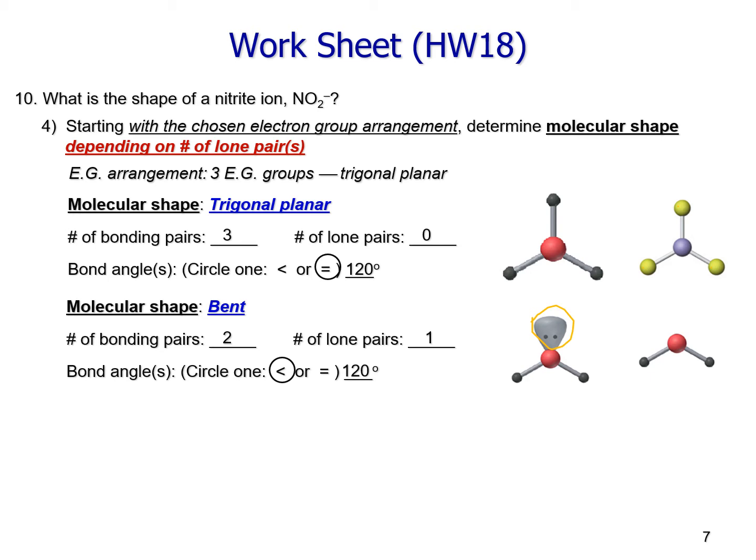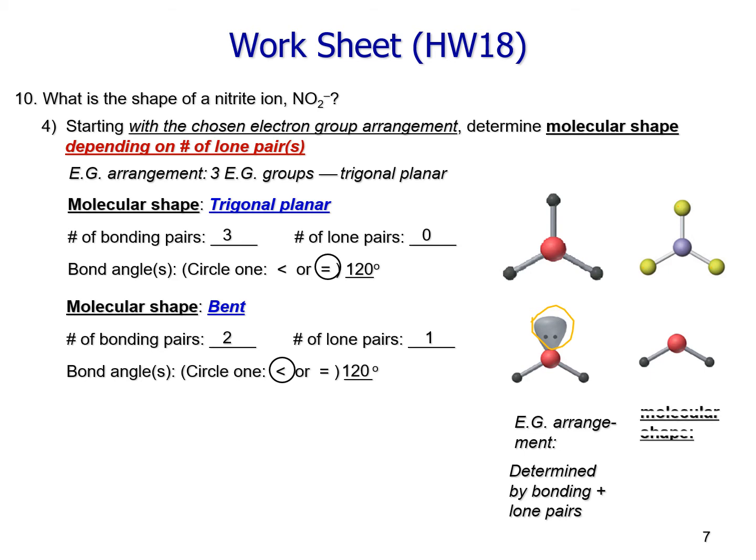as electron group arrangement for three electron groups. So one way for us to understand this is that electron group arrangement is determined by the bonding pairs and the lone pairs of electrons combined.